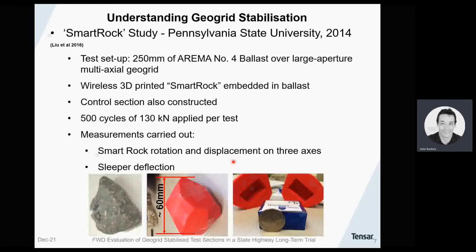This research was unique because the authors included a wireless sensing particle called Smart Rock, which was essentially a 3D printed fake ballast aggregate, and this could sense both translational and rotational motion in 3 directions in real time. So both test sections were loaded identically up to 500 cycles of a 13-ton wheel load.